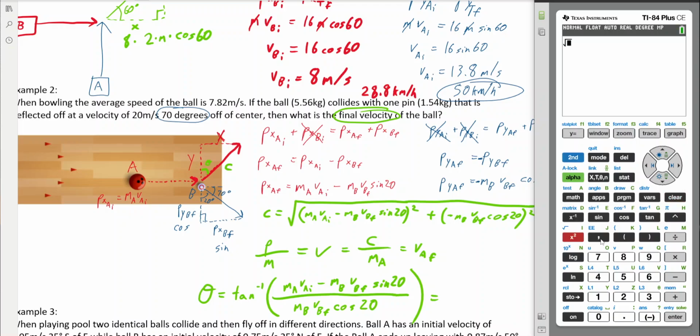Okay, so let's just plug it into our calculator now. The square root of mass A, which is 5.56 times velocity of A, which was 7.82, minus, I'm just trying to keep track of everything, 1.54 times the velocity of B, which was 20, and then it's sine 20, and then we square that, plus, I'm not going to include the negative because it's squared, so it disappears.